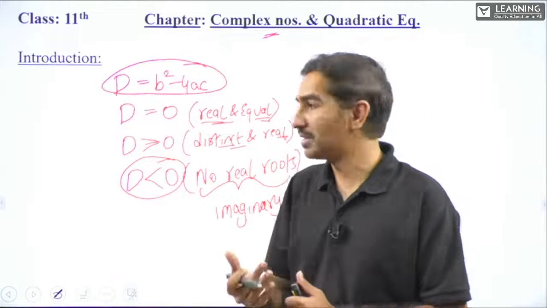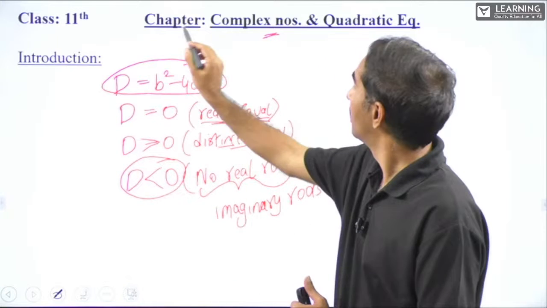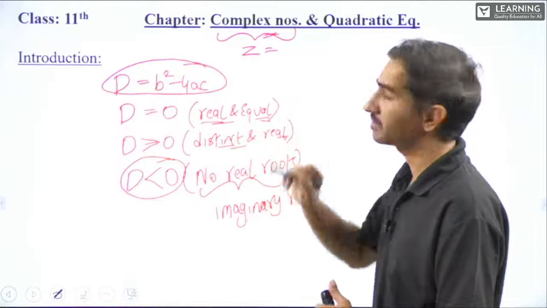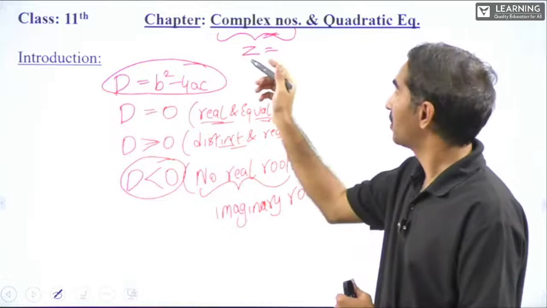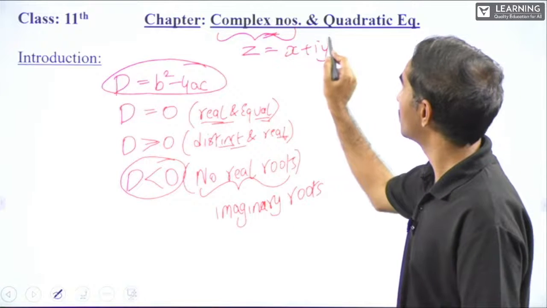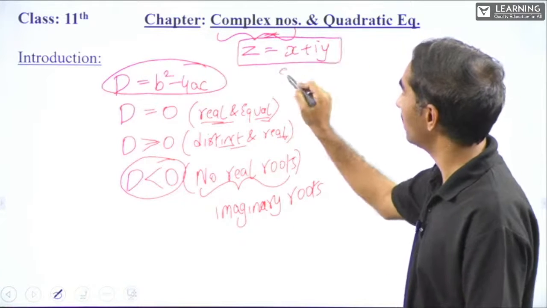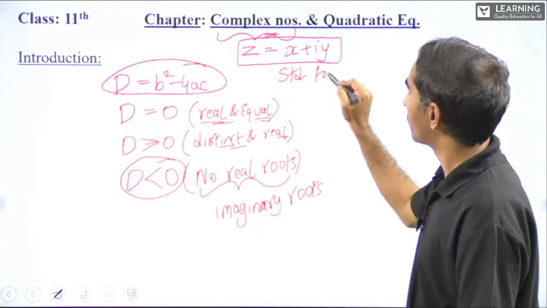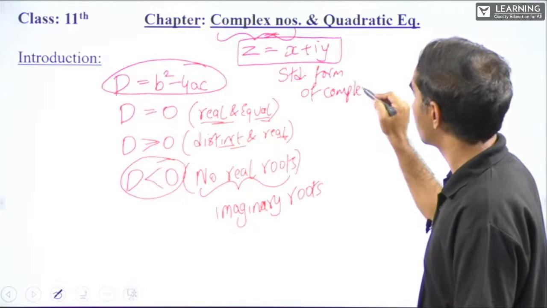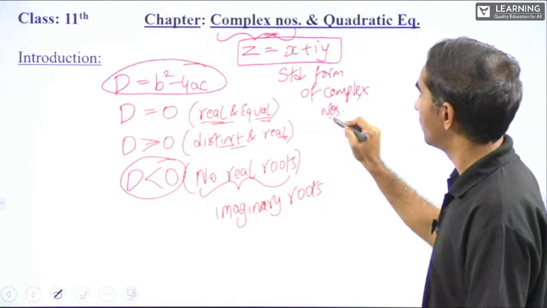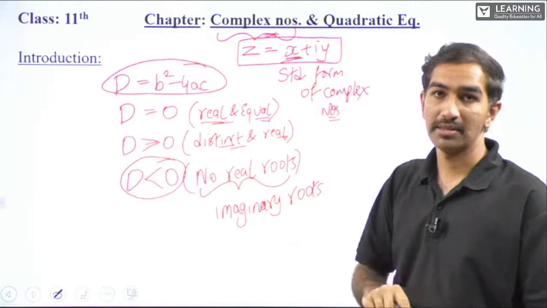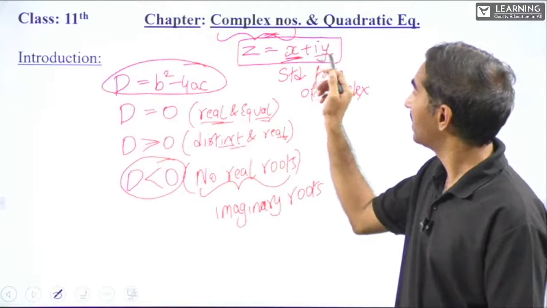So can you tell a number, students, which is, okay, so complex number, this is denoted by Z. This is also denoted by Z equals X plus IY. Okay, so what is this? This is the standard form of complex numbers where X is the real part and IY, this is what?